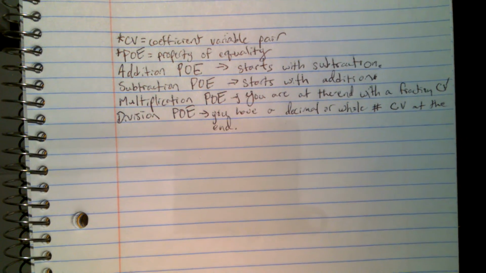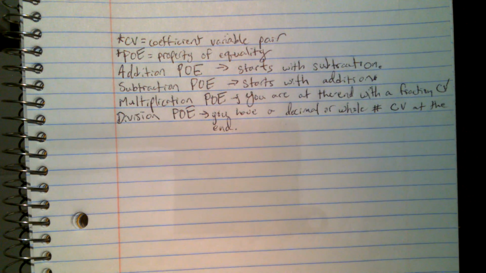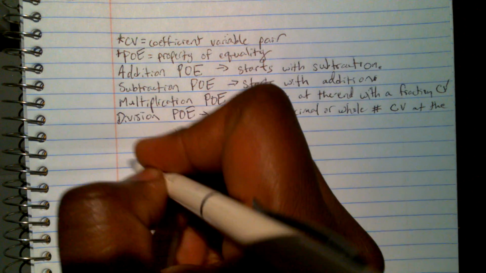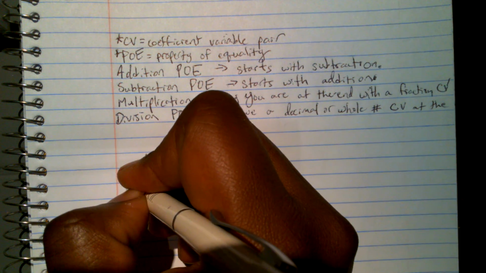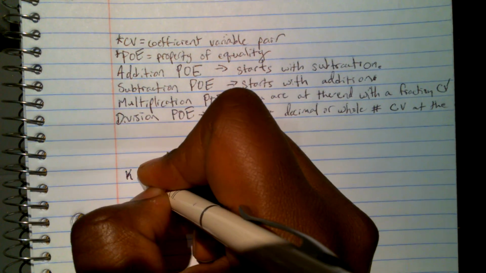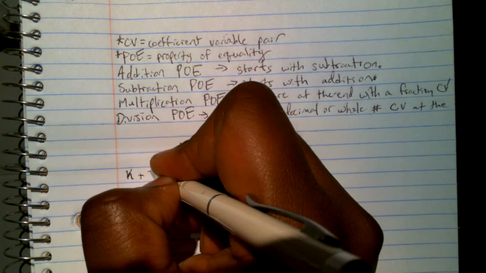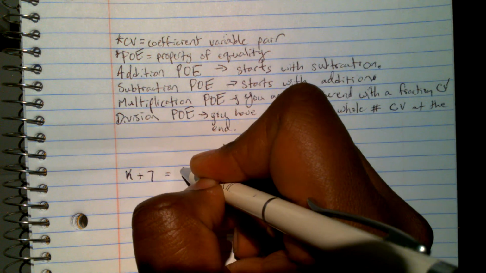All right. So before I can jump into two-step equations, I do have to give examples with one-step equations. So let's do an addition property of equality problem. So I'm going to put, let's say, K, that's my variable, plus 7 is equal to, let's say, 12.